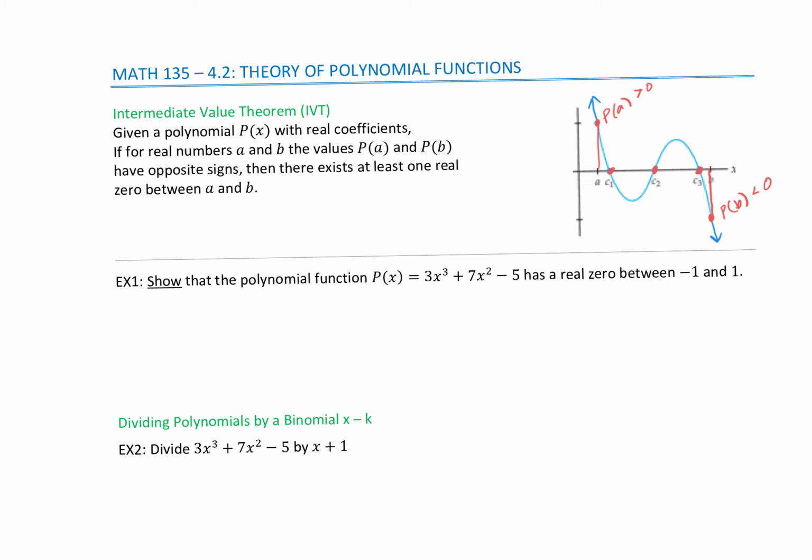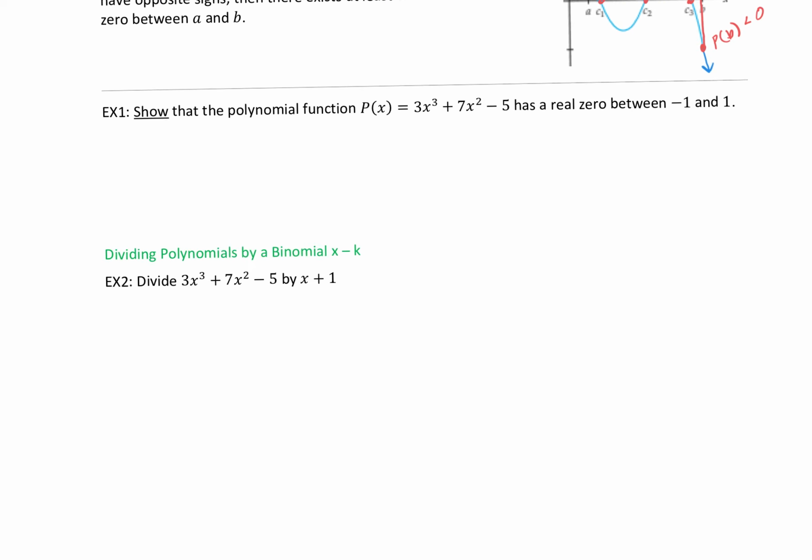In example 1, it says show that a polynomial function, in this case our function is p of x equal to 3x to the third plus 7x squared minus 5, has a real zero between -1 and 1. Notice it doesn't say find the zero, it just says show that it has a zero. So what that means is we're supposed to use IVT.